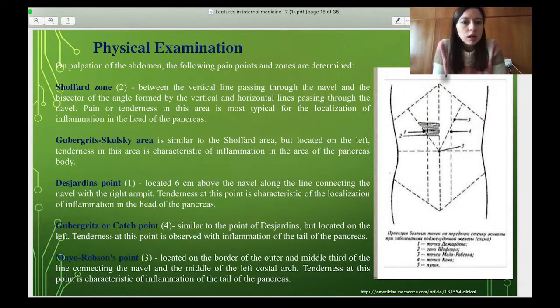And next, Mayo-Robson point is located at the border of the outer and middle third of the line connecting the navel and the middle of the left costal arch. And tenderness at this point is characteristic of inflammation of the tail of the pancreas. And on this picture, number 3, Mayo-Robson's point.